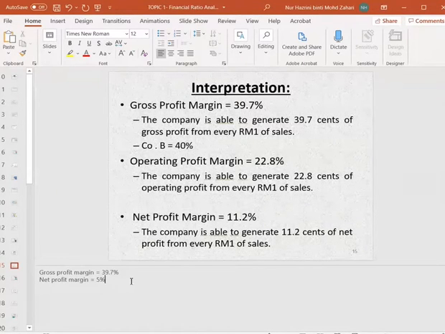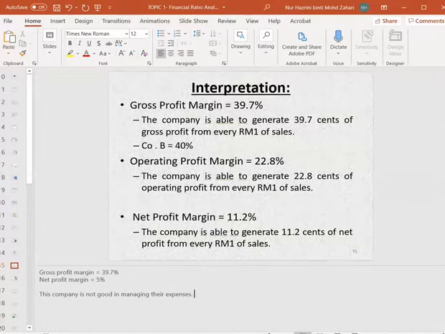Huge gap means you have to imagine your income statement. From gross profit to net profit, you have expenses in between. If your gross profit margin is higher but your net profit margin is lower, it means this company is not good in managing their expenses.